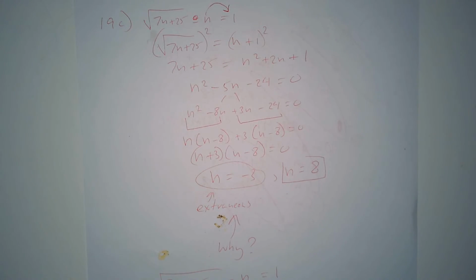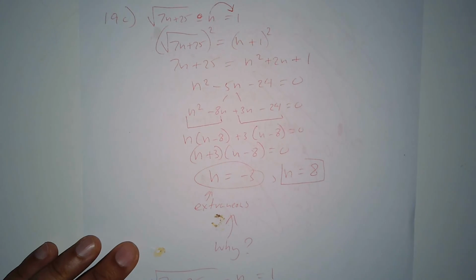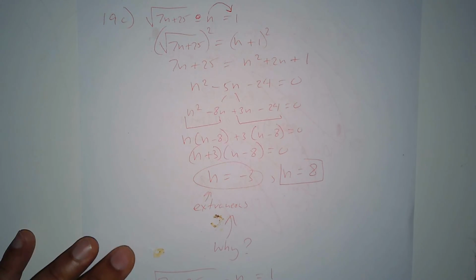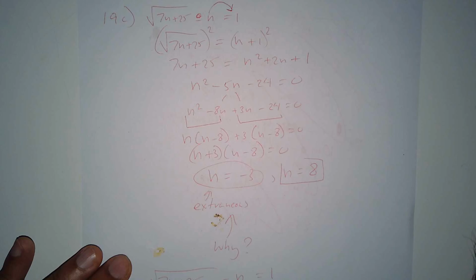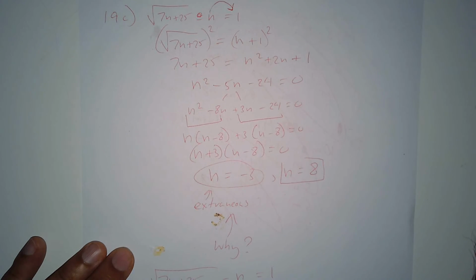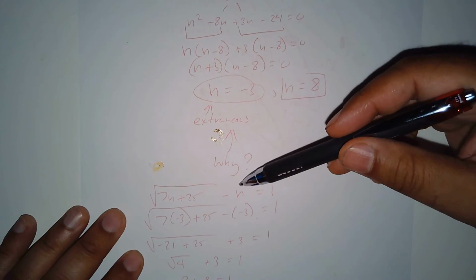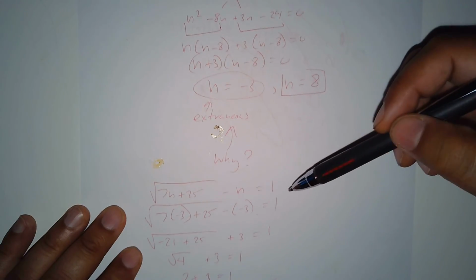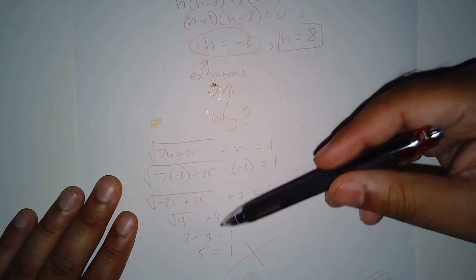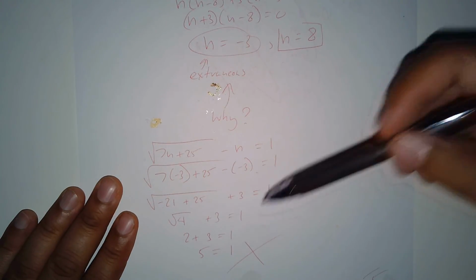Okay, so if we want to look at why that is the case, again we can put that back into the original question. Okay, so there's the original question, sub in n equals minus 3, and so here you get 5 equal to 1, which doesn't work.